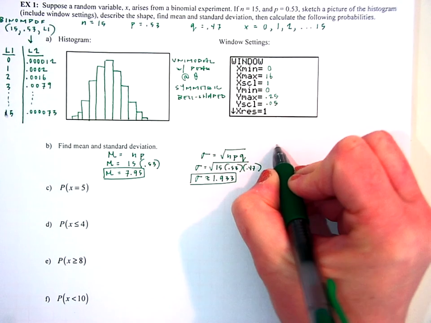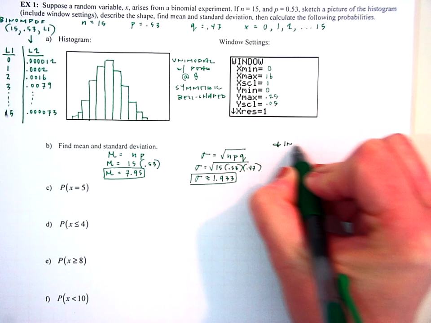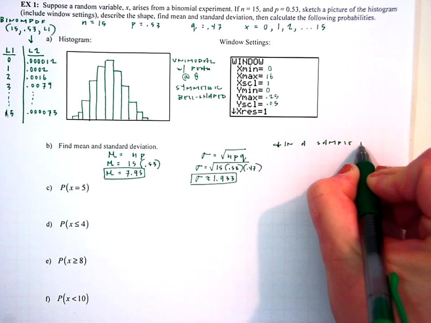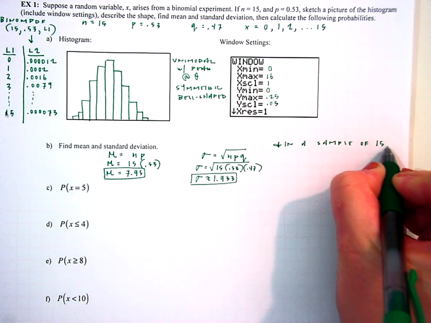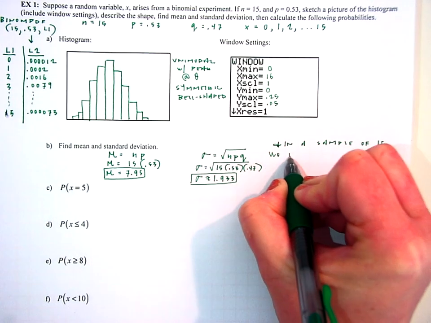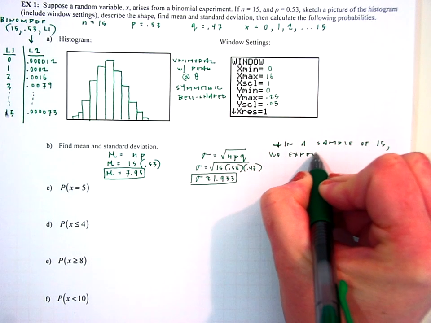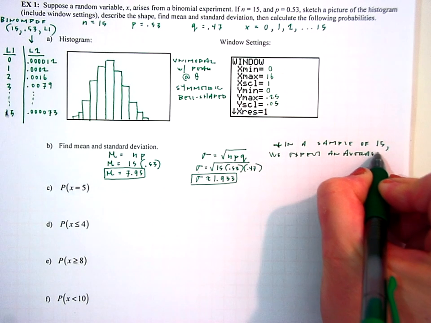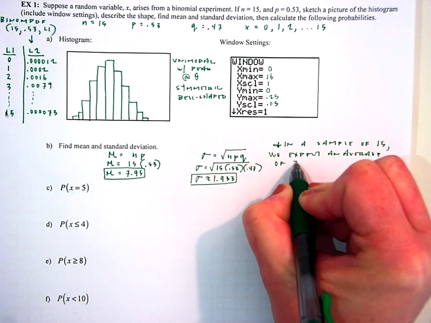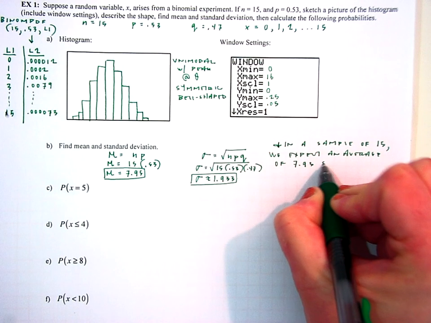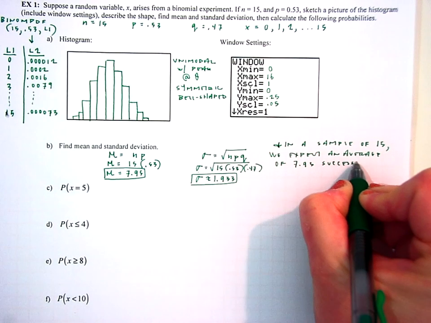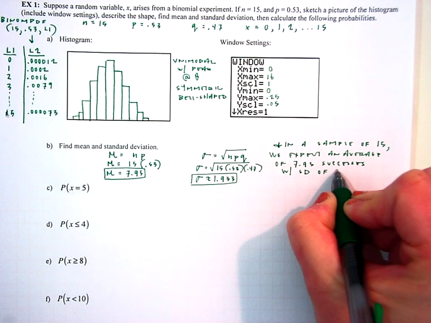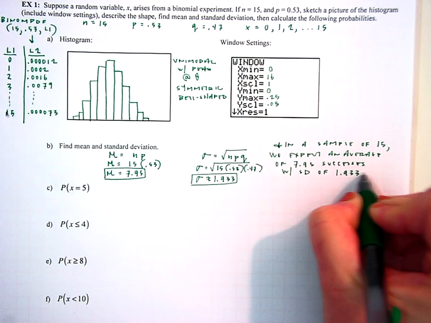Okay, and then if I just summarize, what does that actually mean? Well, in a sample of size 15, that's our N value, we expect an average of 7.95 successes with a standard deviation of 1.933.